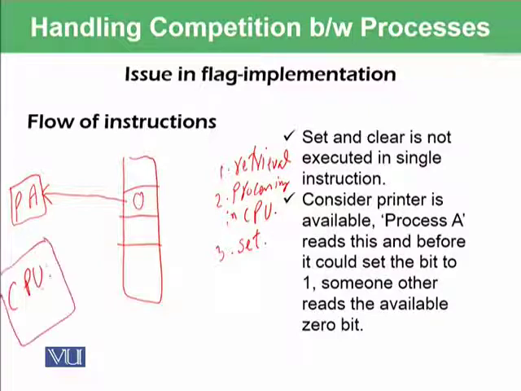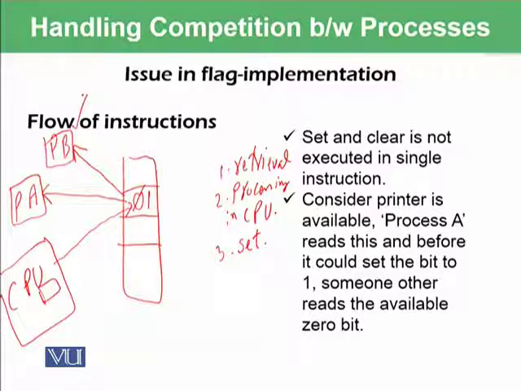So when process A was reading this bit and taking it into the CPU for processing in the registers, at that time another process, process B, also read this bit. Process B also finds it as 0, and in the meantime process A has evaluated that it is 0 and goes back to set it to 1. But process B has already read it as 0.